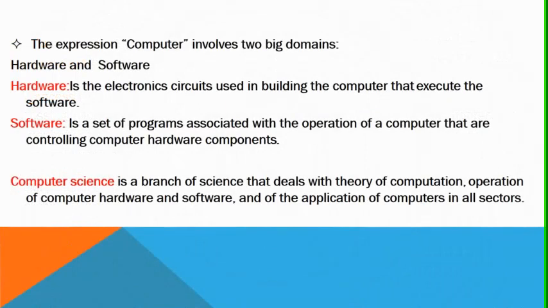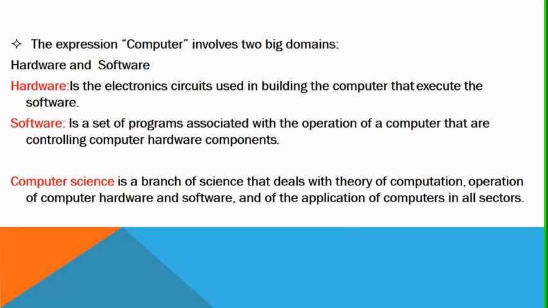The expression computer deals with 2 domains, which are hardware and software. Hardware is a set of electronic circuits used in building the computer that execute the software.